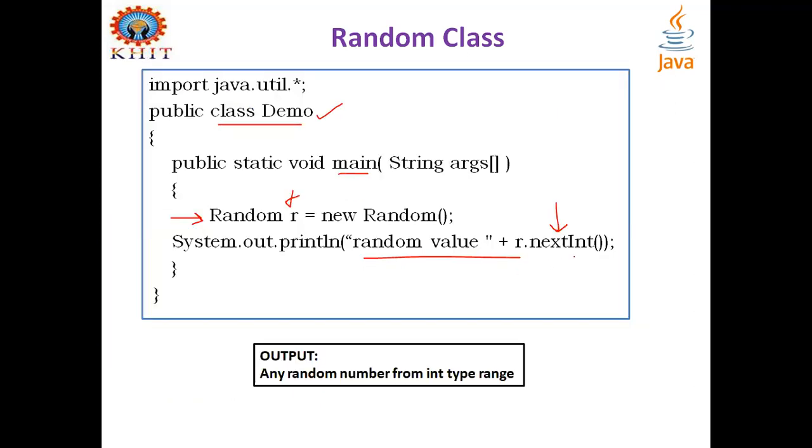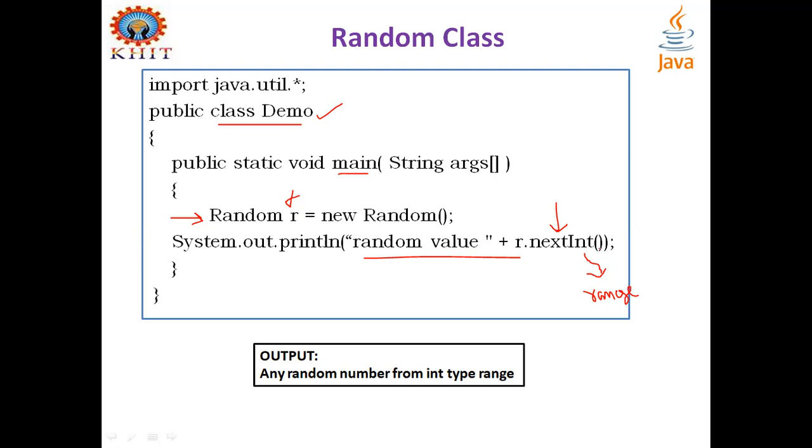It is based on the range of random number generation, the integer range. In Java, 4 bytes of data are required for an integer value, so 2 power 32.